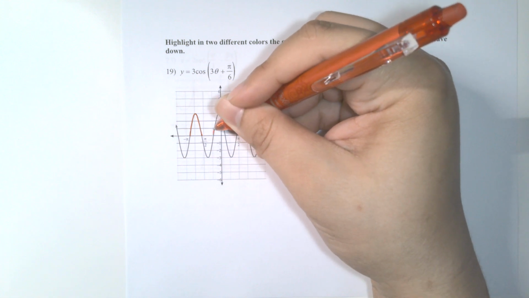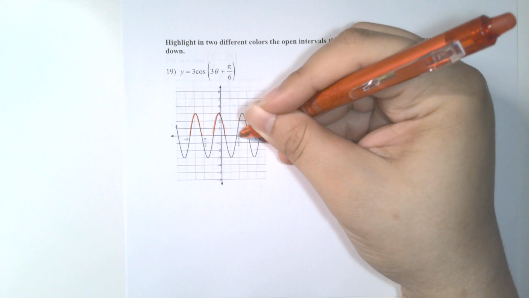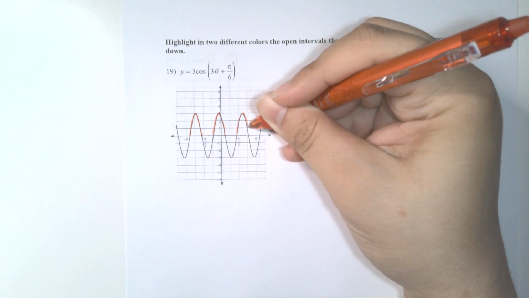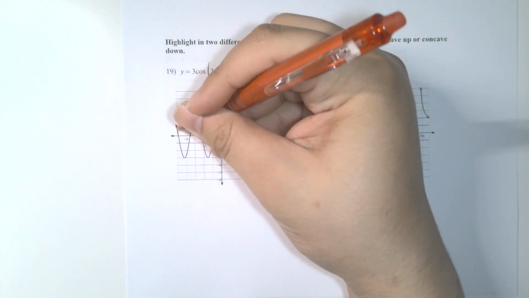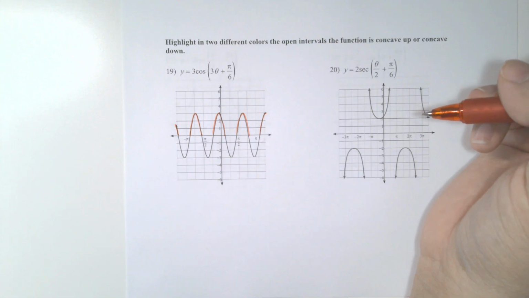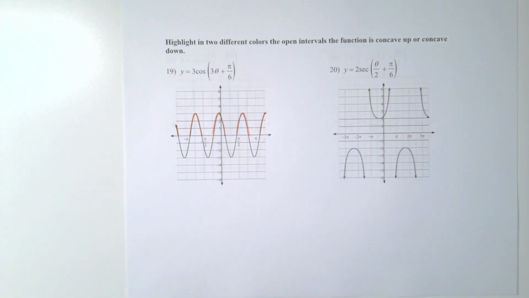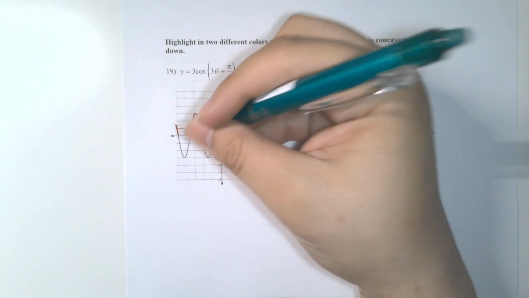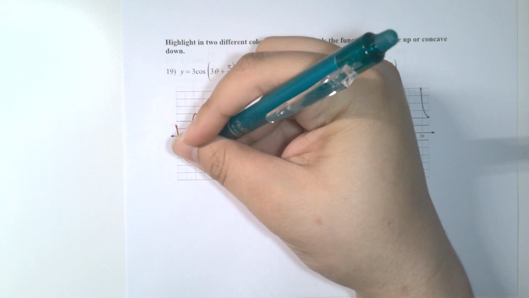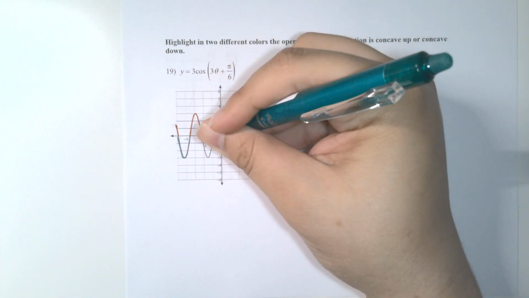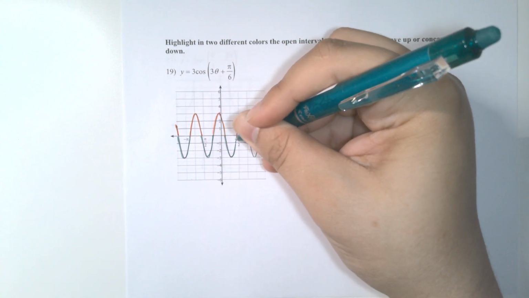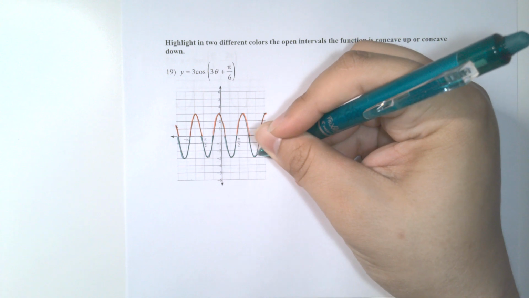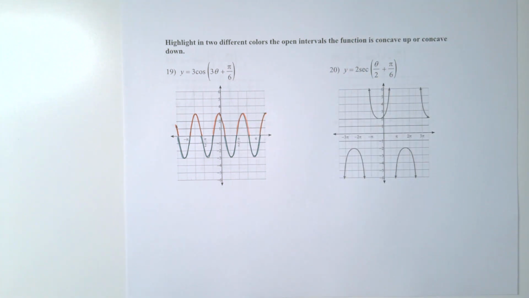And so this would also be concave down, and this would also be concave down, and this would also be concave down, and sure enough, this part is concave down as well. So all of that is concave down. And all of this over here is concave up. So concave up and concave down.